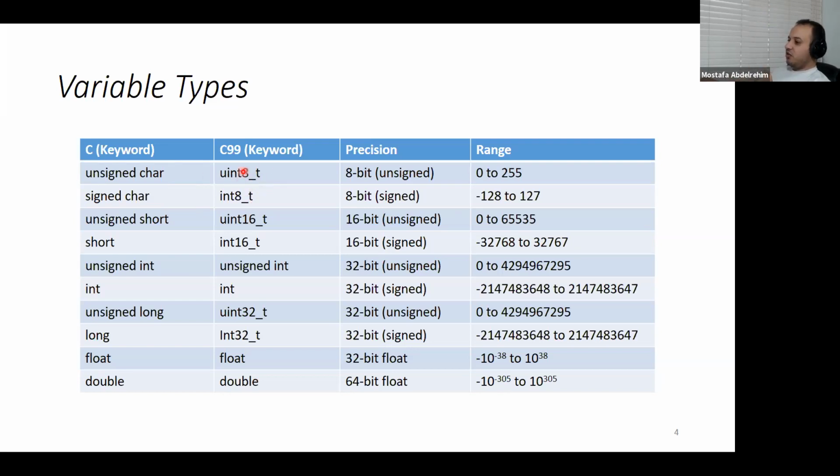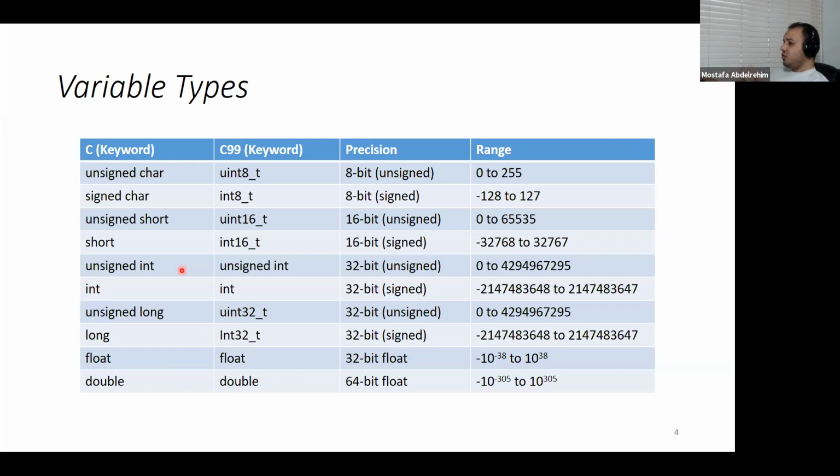The good thing about these names from C99 is that you have an idea of the number of bits that the variable will have. For example, with unsigned char, you cannot guess that from the name in C, but you can guess it from C99: 8 bits. Here, for example, int32, you can't say if long is 32-bit or not, but you can say from this name.